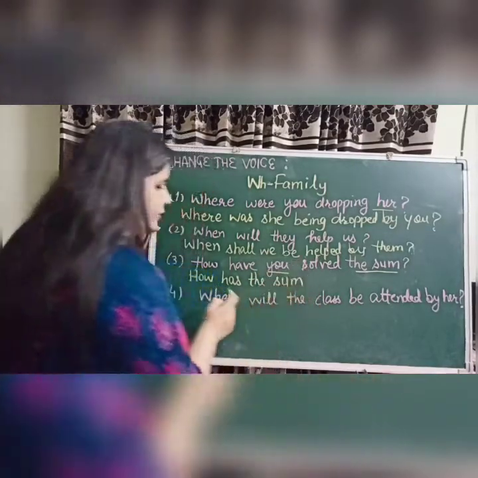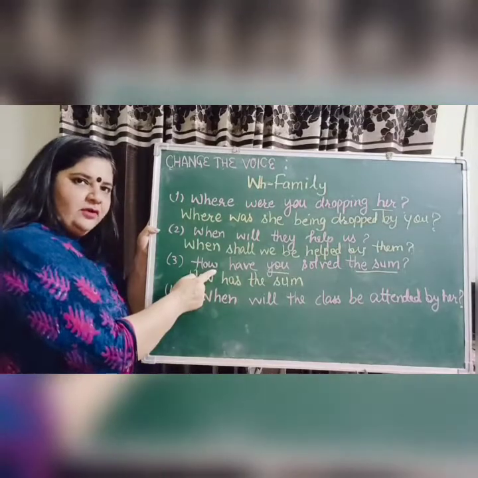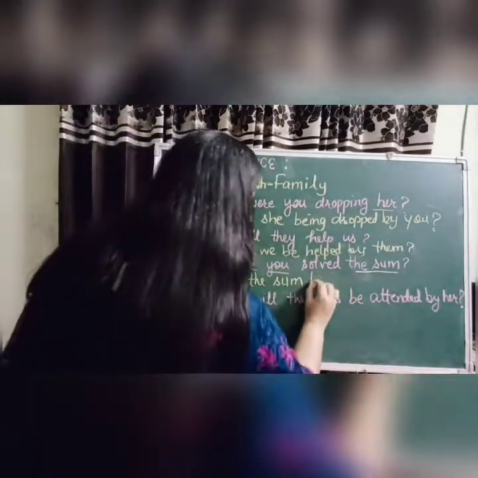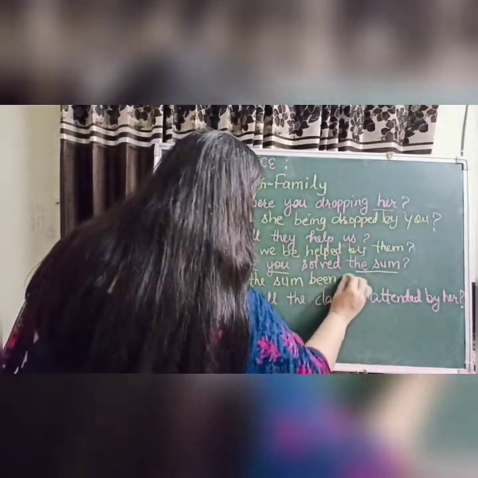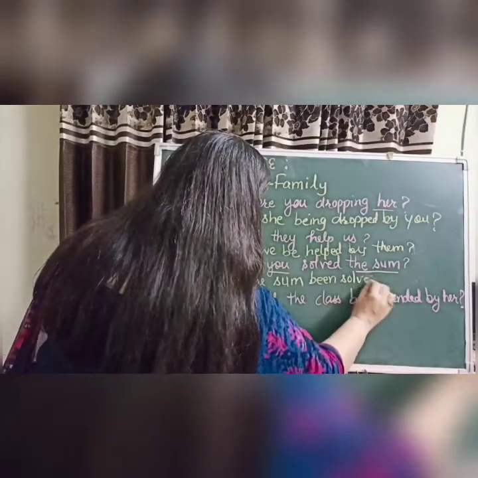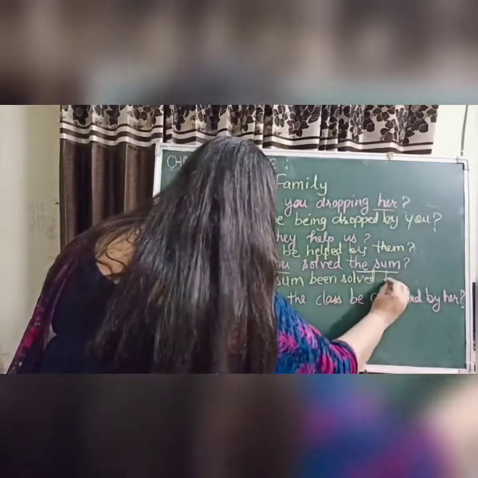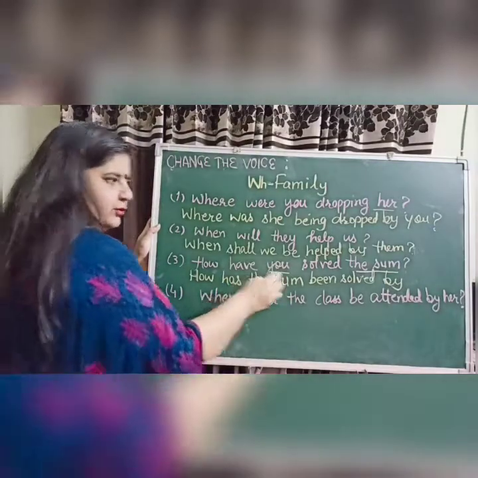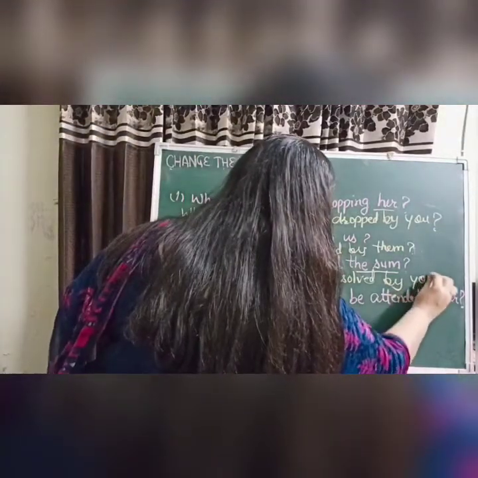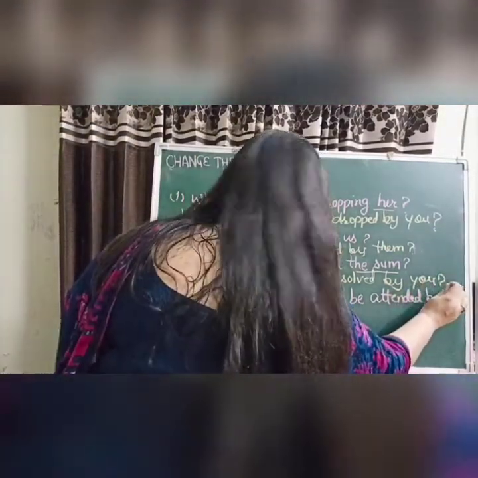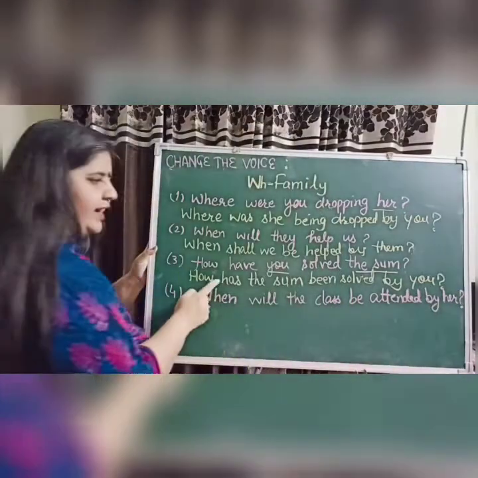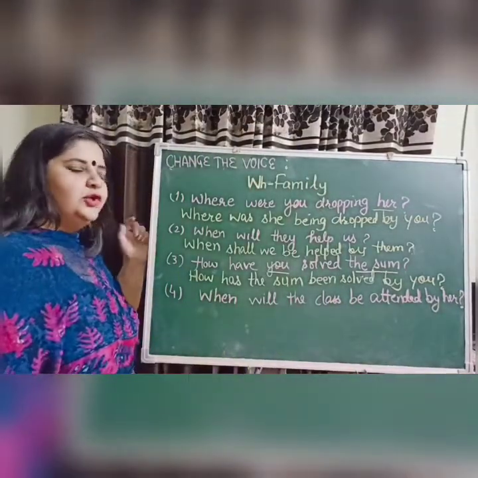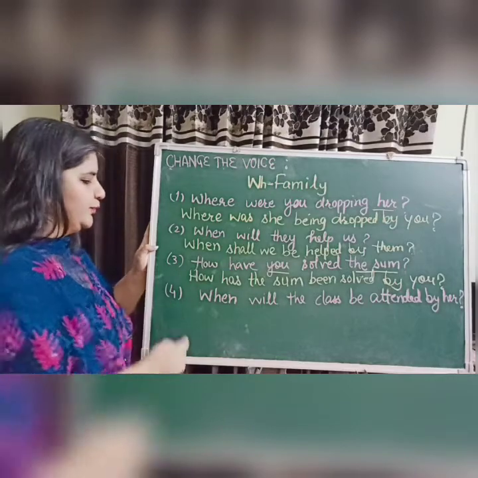Now what we use with present perfect, has or have? Been. Third form, solved. By, passive of you, you. How has the sum been solved by you?